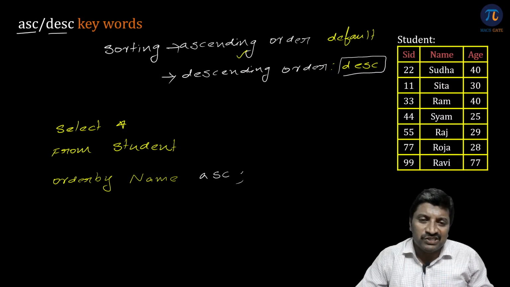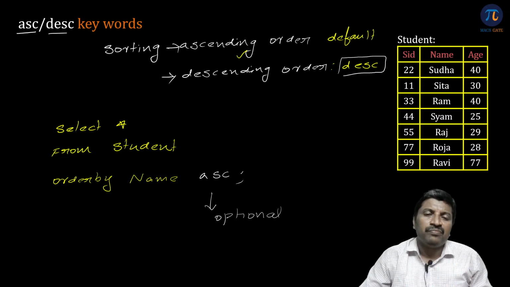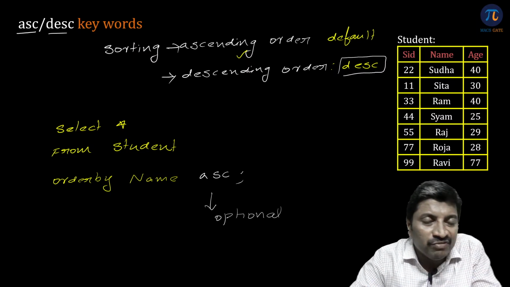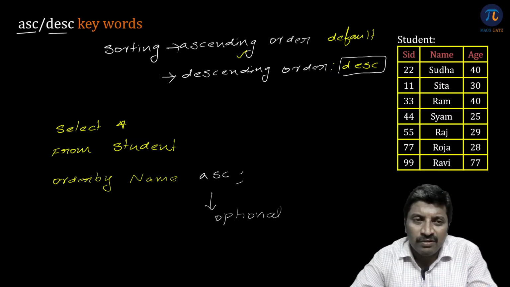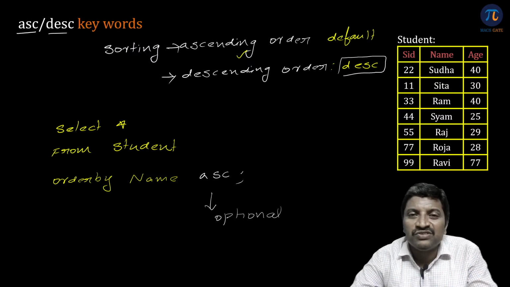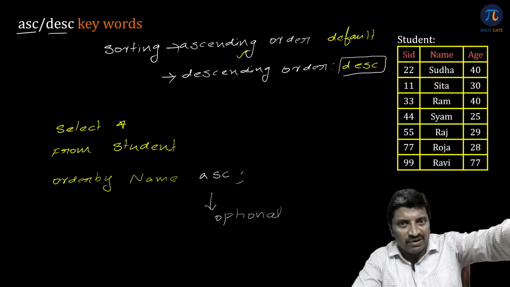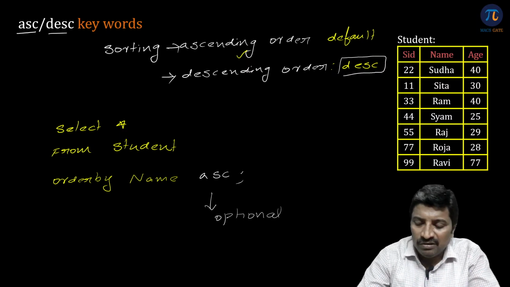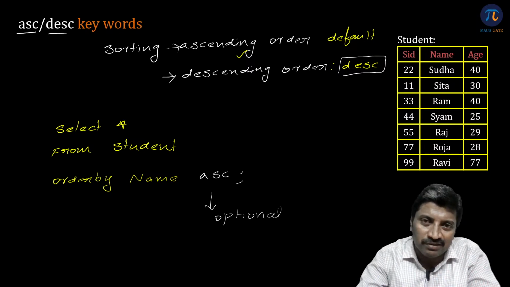Whenever it is ASC, it is optional, but if it is descending order, we need to specify it. But this order by, ascending or descending, will be attached to the query only when the overall work is done. Once the answer is fixed, then only we need to concentrate on the display.